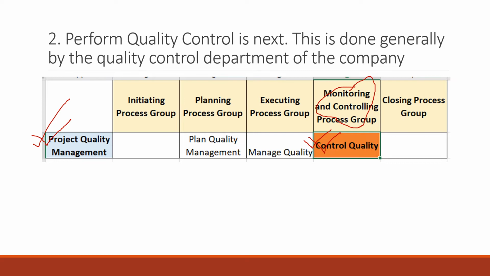That code will then go into the control quality process, and that is where your quality department or testing team is going to perform quality control on that piece of code. They'll make sure that there are no defects, and that the code meets the project requirements.